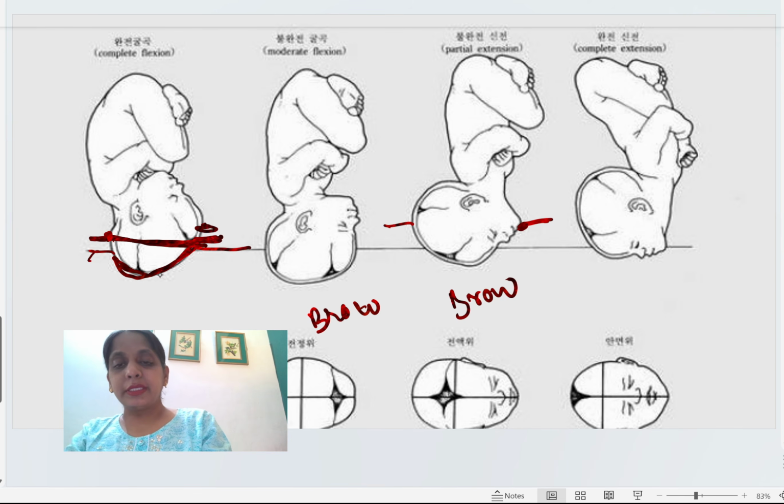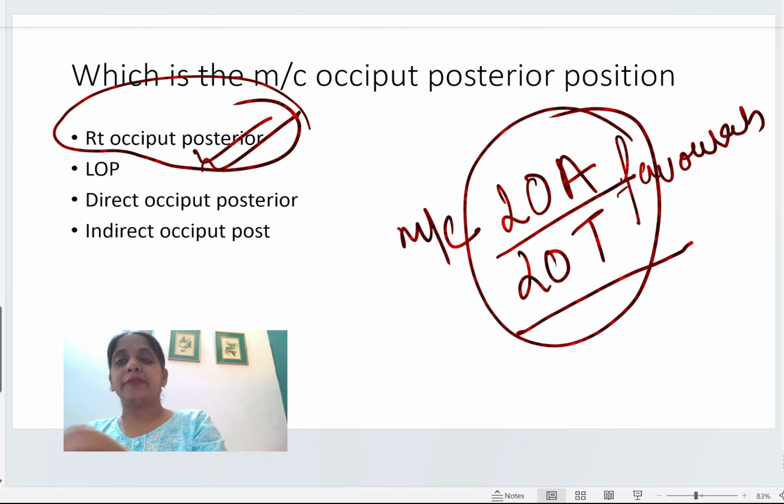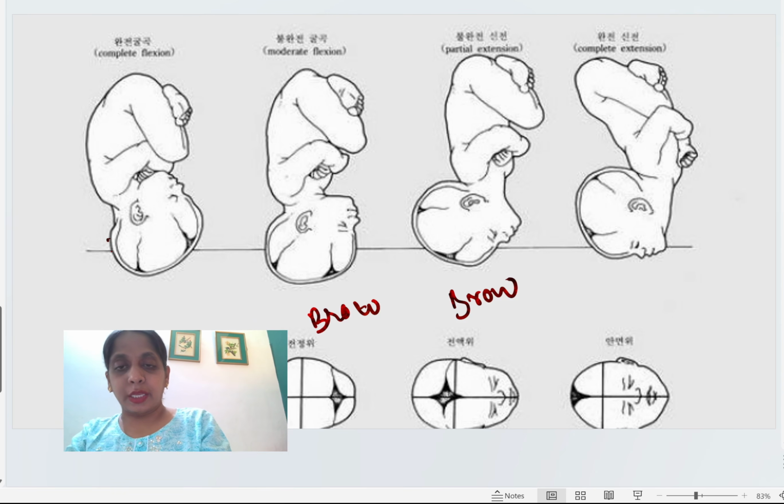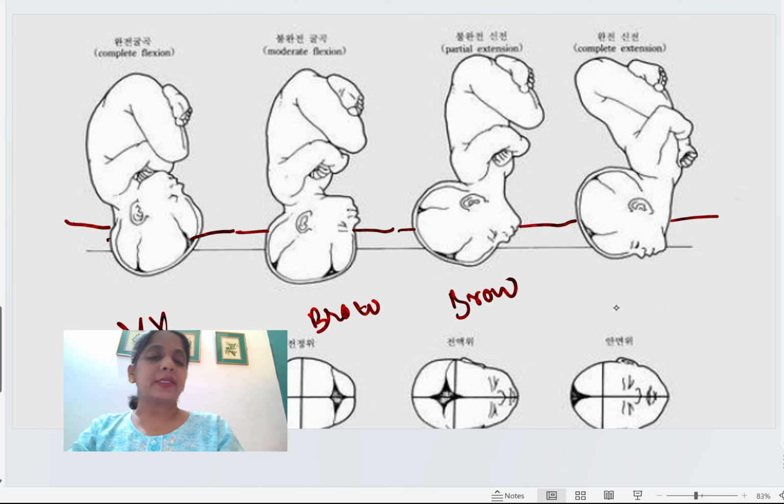Engaging diameter means the diameter which enters the pelvis. When the fetus descends, the diameter which enters the pelvis is known as the engaging diameter. So here you can see these are the diameters, I will draw the pelvis like this. These are the diameters which are entering. So these two are brow, this is vertex, and this is face.